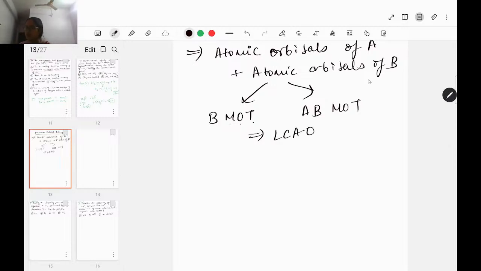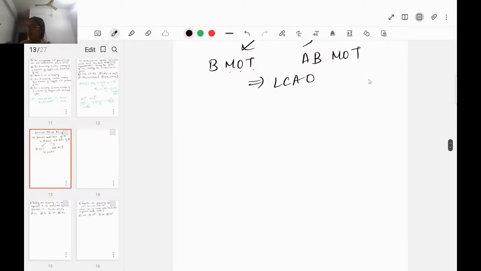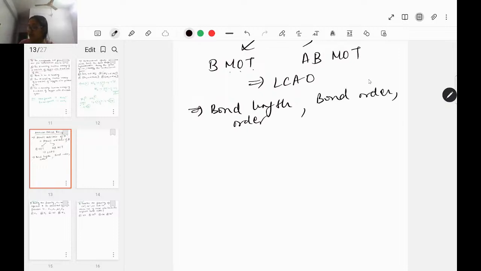I am not going into the details because we don't have enough time. So why do we require molecular orbital theory? To find out the bond length order, then the bond order, then the bond strength, and stability of molecules.